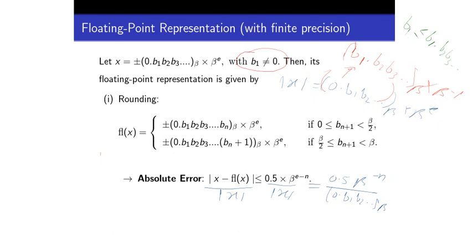So 1 upon b1.b2 b3 and so on will always be less than or equal to 1 by b1, which is always less than or equal to 1.